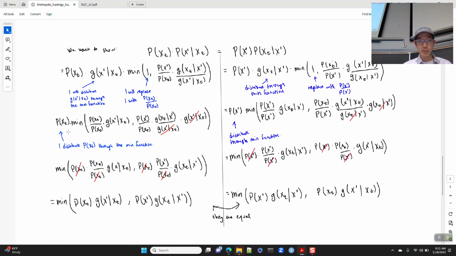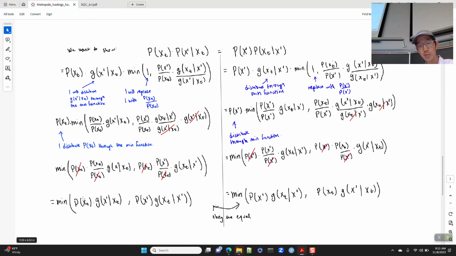So now I have p of xt times the minimum of this, and I'm going to go ahead and distribute the p of xt through both sides of this minimum function. So when I do that, now I have p of xt times p of xt divided by p of xt times g of x prime given xt, and that p of xt cancels out with this one.